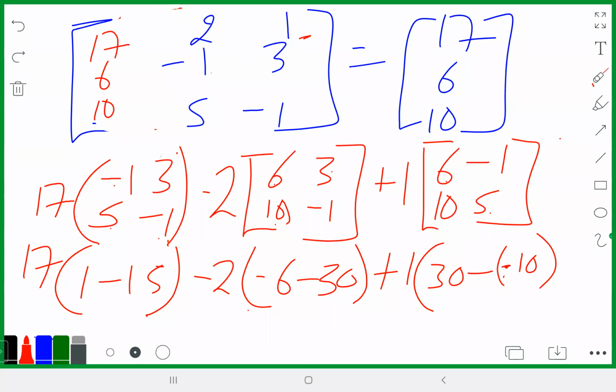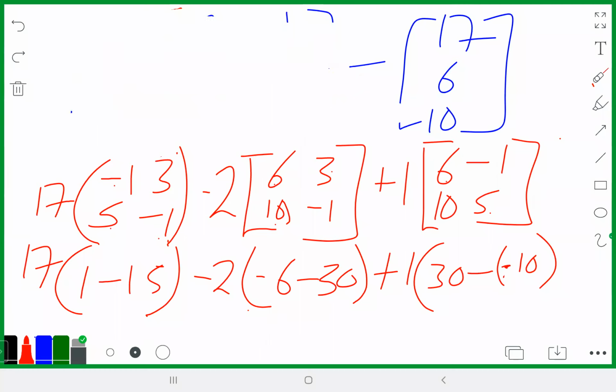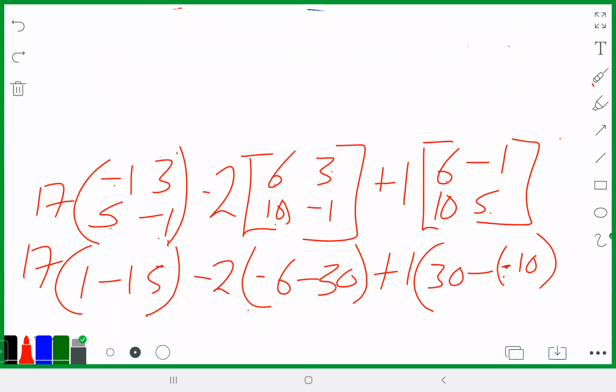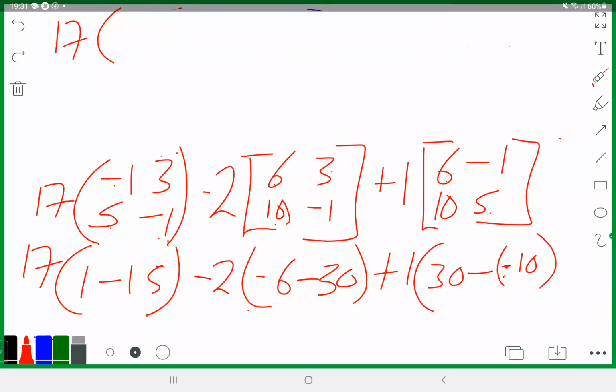All right? Any question? Are people following? Or people are behind? No, sir. We are following. If people are following, it is well. So from here, you can now have 17 multiplied by 1 minus 15 is -14, isn't it?